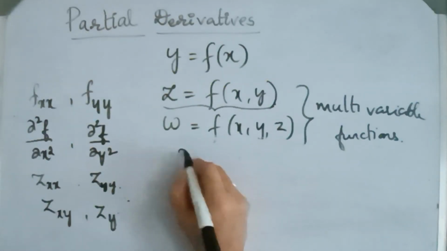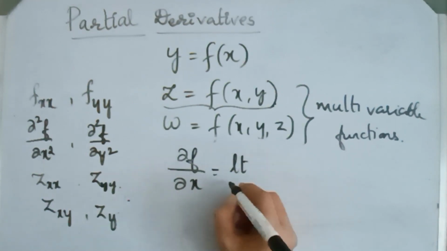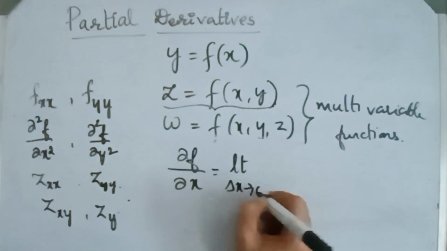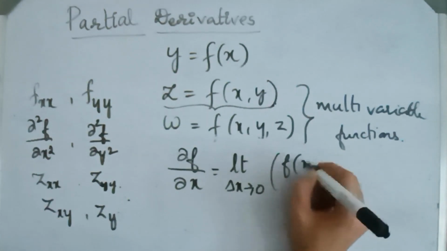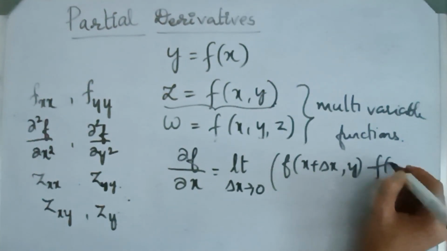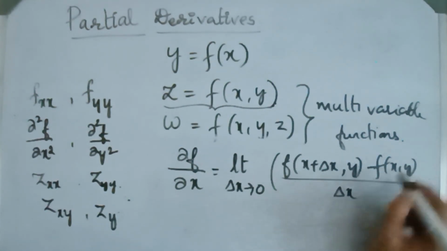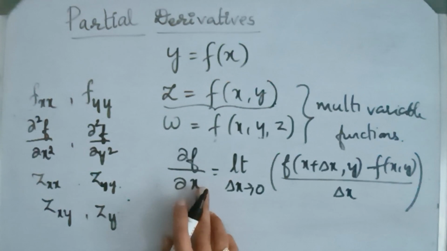Mathematically, dou f by dou x is written as the limit as delta x tends to 0 of f of x plus delta x comma y minus f of x comma y divided by delta x. This is called dou f by dou x.